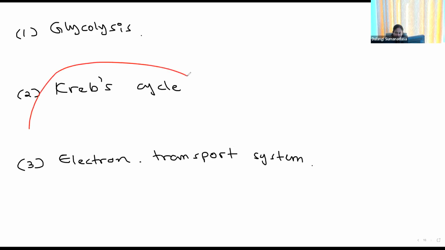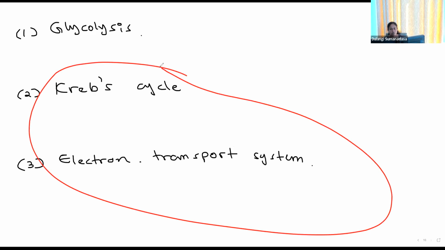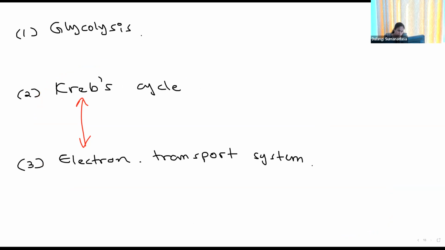So always, these 2 cycles, the Krebs cycle and electron transport system, are inside the mitochondrion. And they are coupled reactions. Just remember, they both require oxygen. In other words, these 2 reactions are going to take place only if oxygen is available. The electron transport system uses the oxygen, but the Krebs cycle needs the oxygen as well.